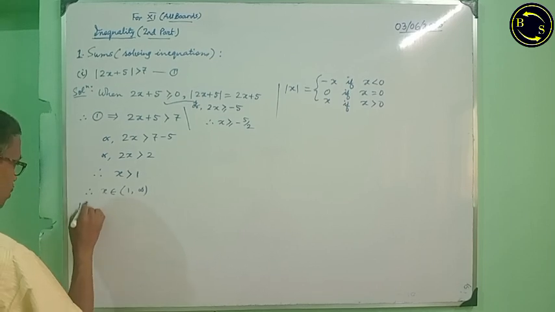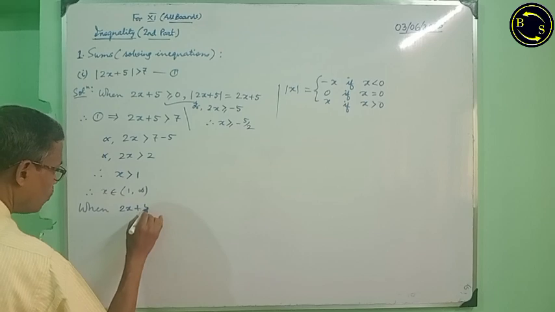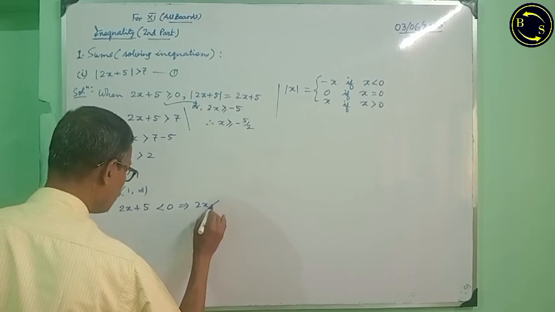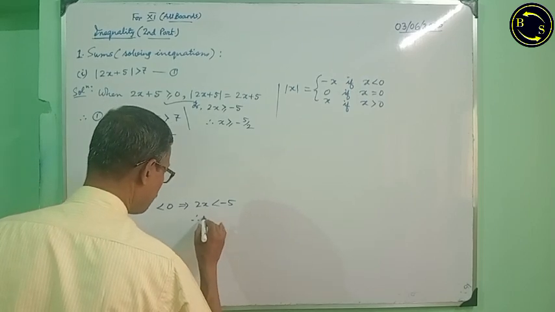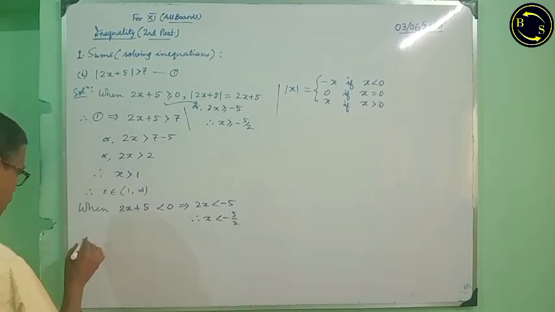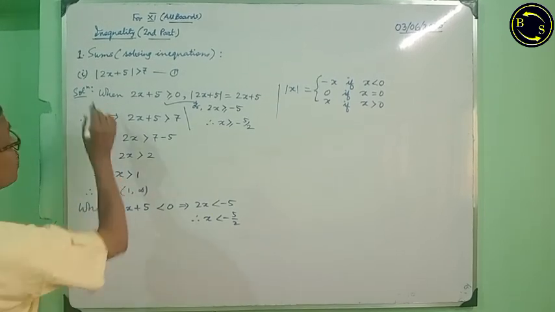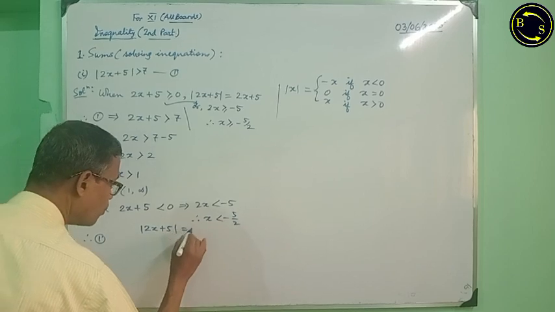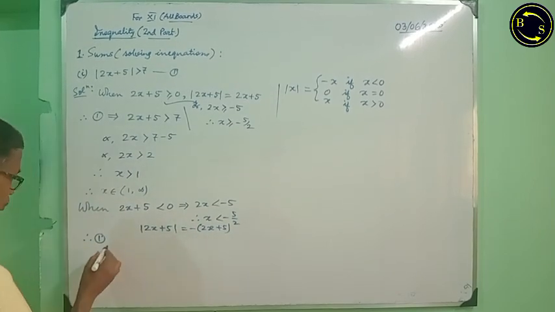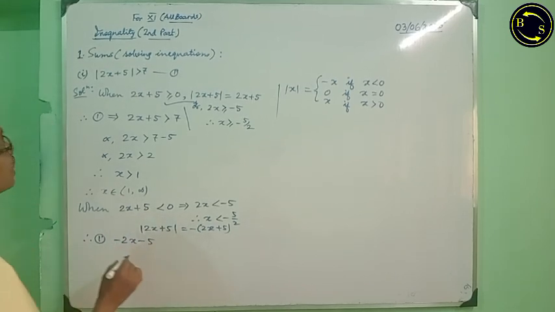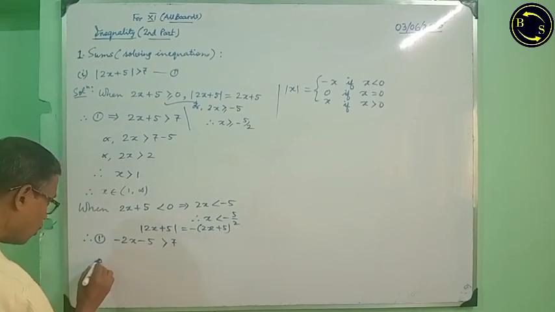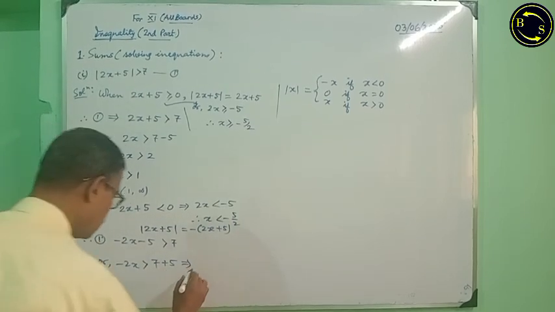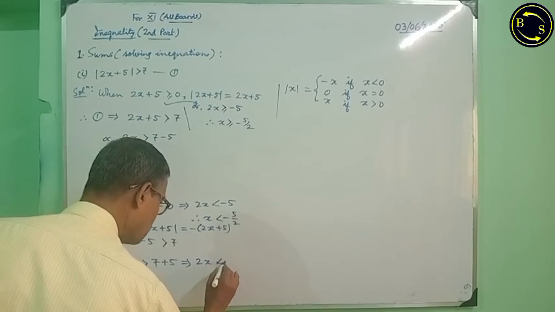Now other case. From this equation we get minus 2x minus 5 greater than 7, or minus 2x greater than 7 plus 5, from that 2x less than minus 12.